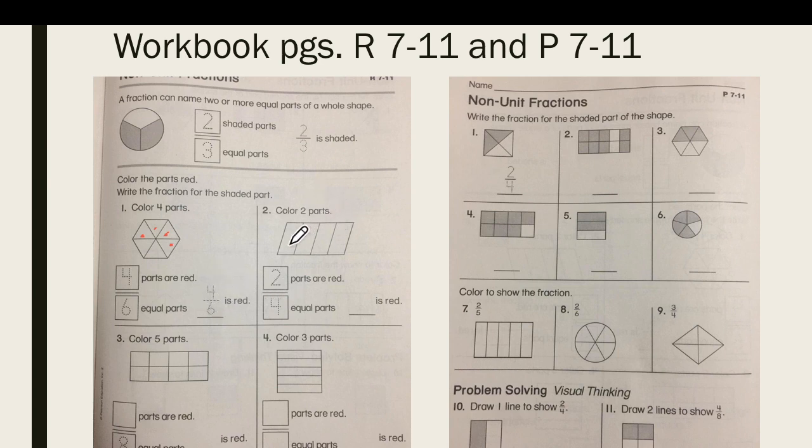Color 2 parts. Again, with the red pen, color 1 and 2. 2 parts. So you will have the fraction. 2 parts are red and 4 equal parts. What will be the fraction? 2 on the top and 4 will go down. Very good.